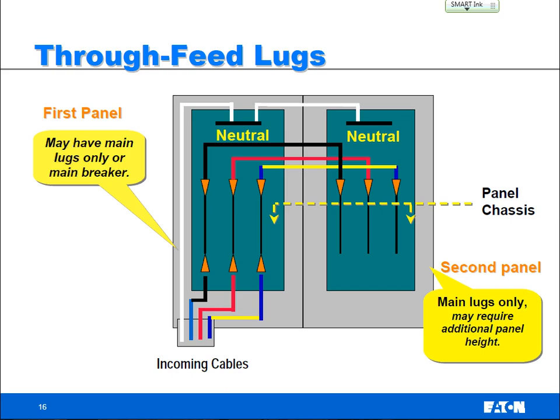One of the general guidelines that folks follow is you may have a main breaker in one panel with main lugs in this panel, and from a panel board manufacturer standpoint, we've got different heights, like 6-inch increments in panel box heights.